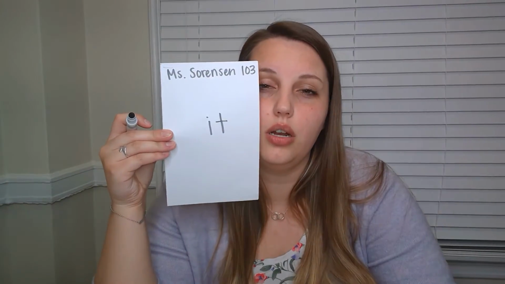We could have the word it, or we could have a word that ends with the 2 letters IT but has a different letter at the beginning. So let's write our it family word in the middle of our cover. We know how to spell that because it's a kindergarten word. It. I'm going to put that little dash mark like I always do just to show that there could be some additional letters that come before it.